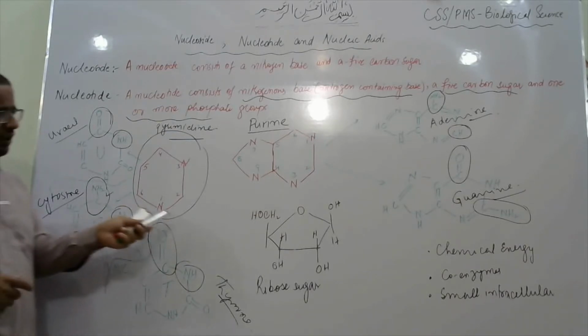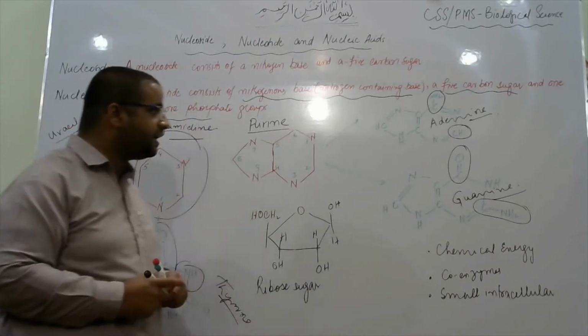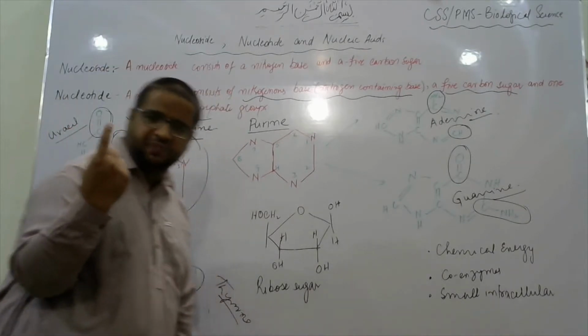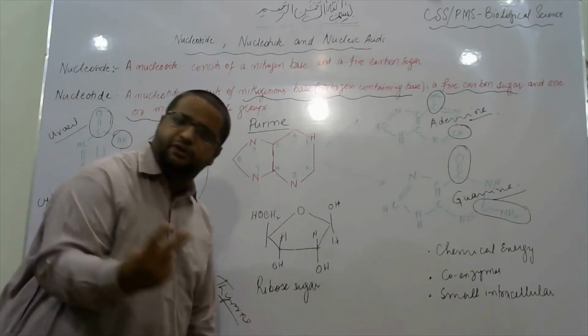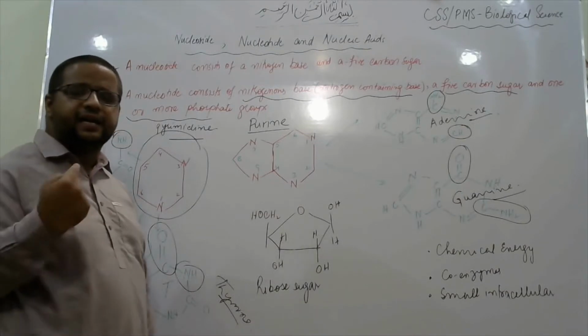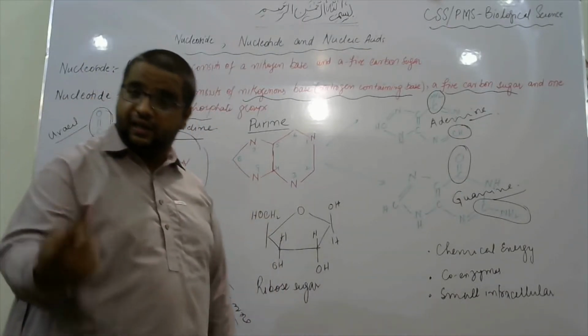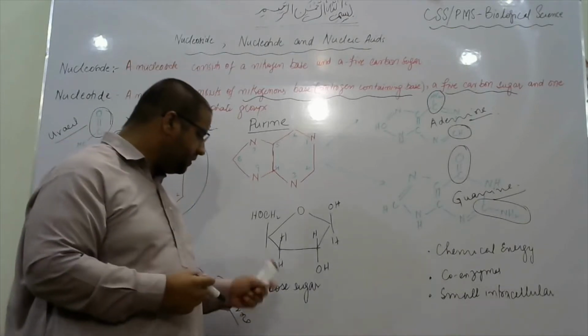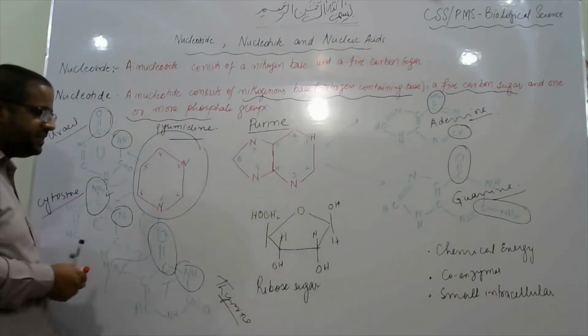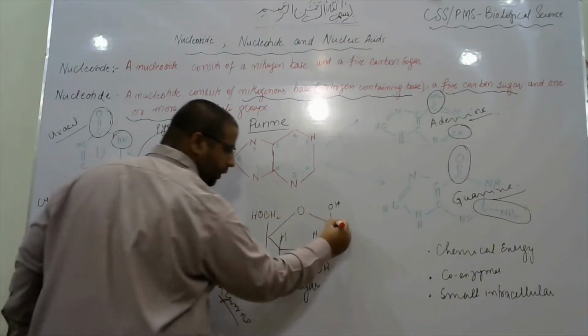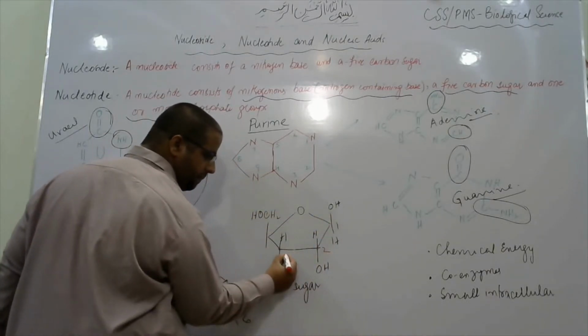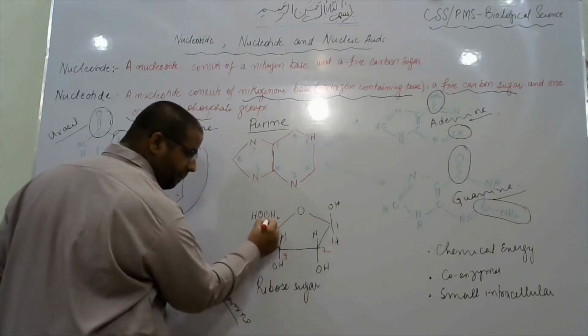I have drawn ribose sugar, which is the second component. The first component is the nitrogenous base, and the second component is sugar. The sugar in DNA is deoxyribose, and in RNA it is ribose. So this is ribose sugar, a 5-carbon sugar: carbon 1, carbon 2, carbon 3, carbon 4, carbon 5.